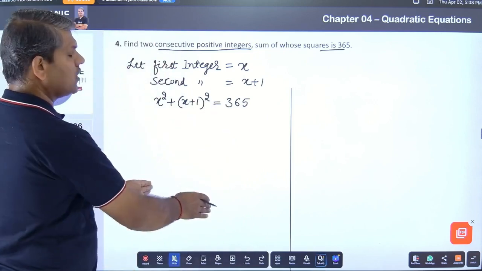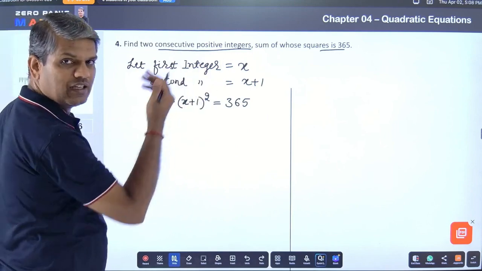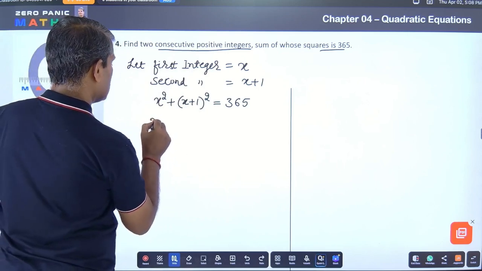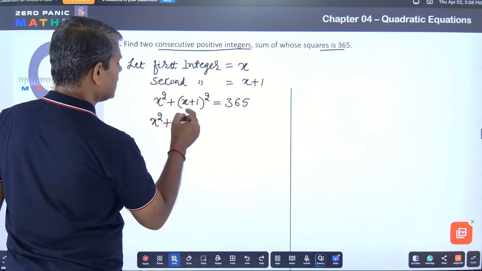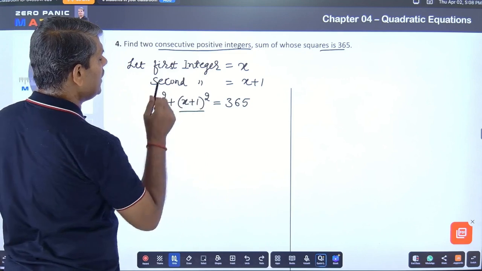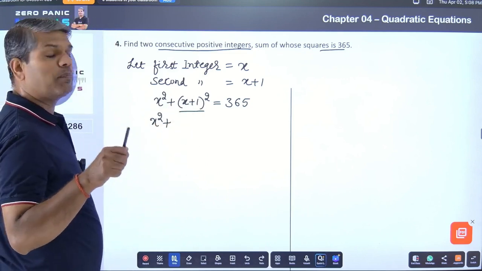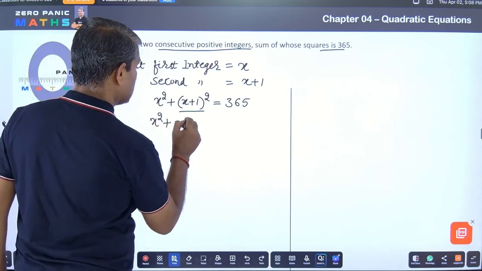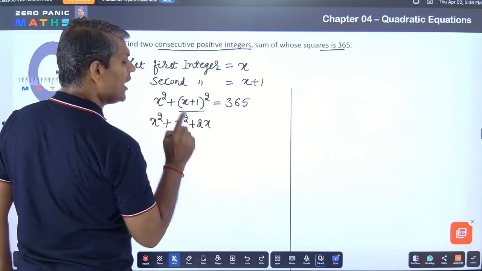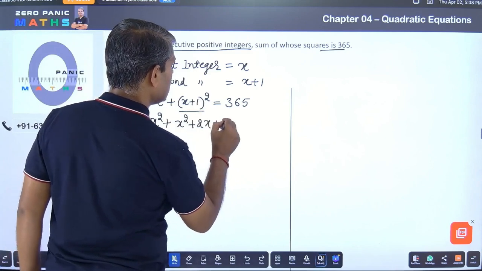We need to first resolve this, get a quadratic equation, solve that quadratic equation, and then find the solutions, right? Keep x square as it is. This looks like (a plus b) whole square, where a is x and b is 1. What is (a plus b) whole square? a square plus 2ab plus b square, so 2x is 2ab, and b square is 1.